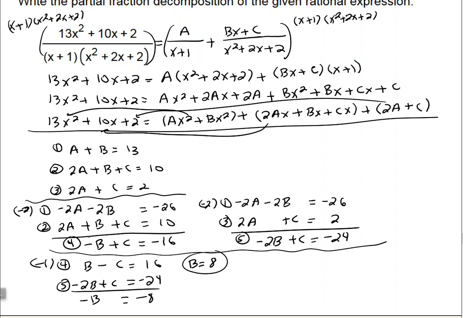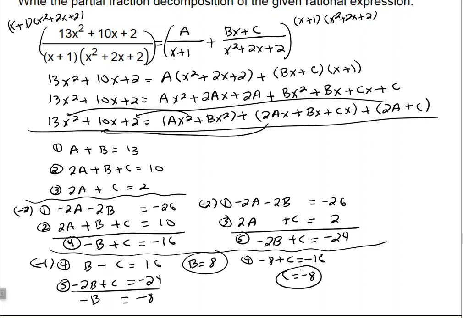I'm going to circle that so I can keep up with it. Now we can find the value of c, and I'll use equation 4. It says negative b plus c equals negative 16, so negative 8 plus c equals negative 16. Add 8 to both sides. c equals negative 8. And we also need to find the value of a.